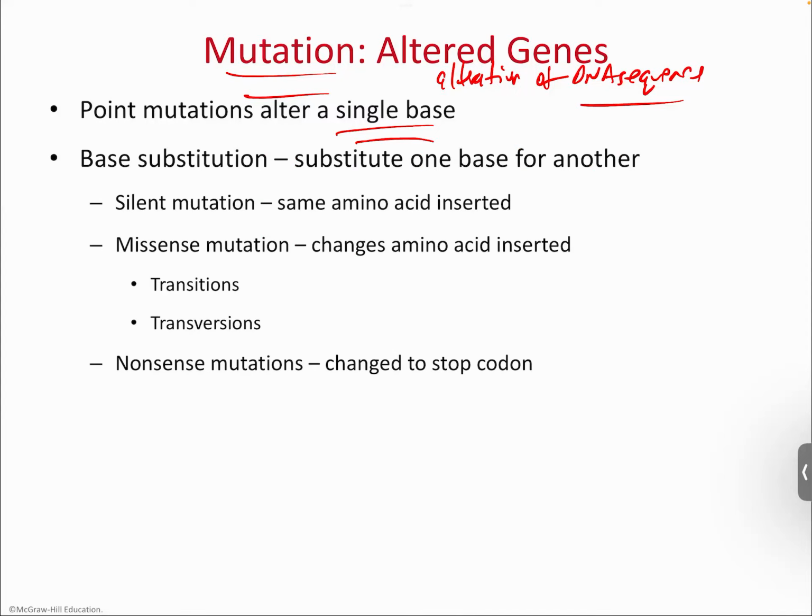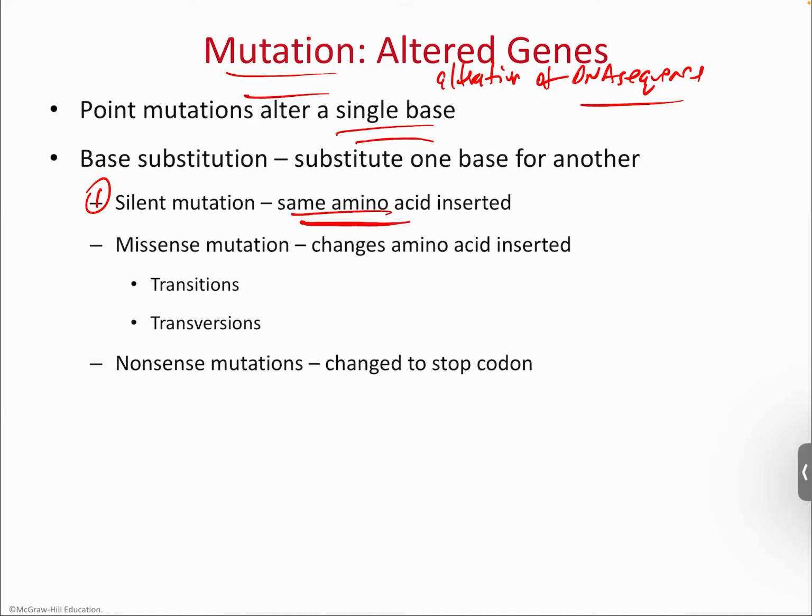And that's it. The first type of point mutation is called a silent mutation. Now, this is basically one where you have the same amino acid. So there's no change. And we see this, right? Because if you take a look at the code table, you'll notice that some of these amino acids actually have several codons that encode for them, right?